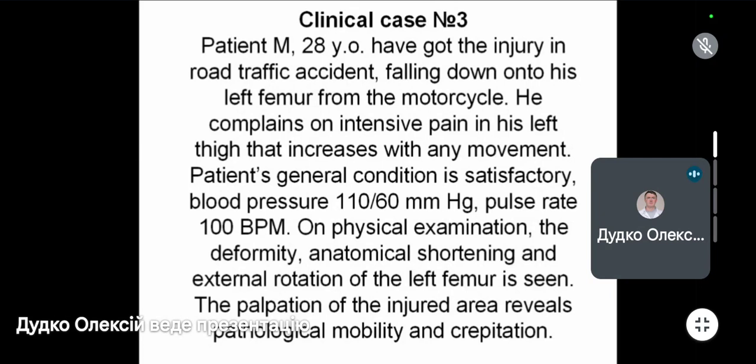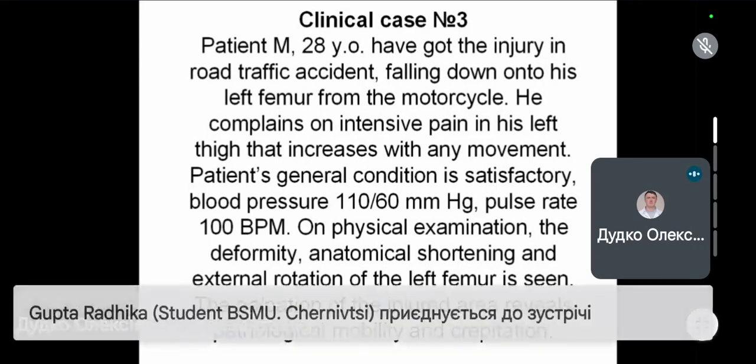Now you should tell the examiner again general fracture symptoms and specific fracture symptoms. General symptoms are local hematoma, movements in the hip joint and knee joint are extremely painful, the patient can't do that.